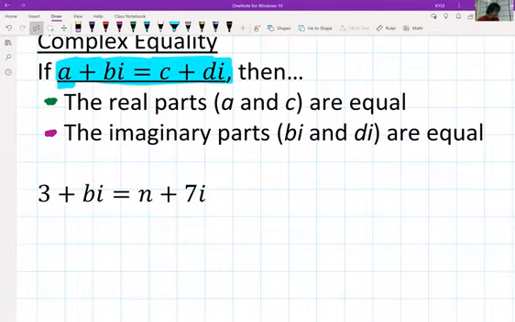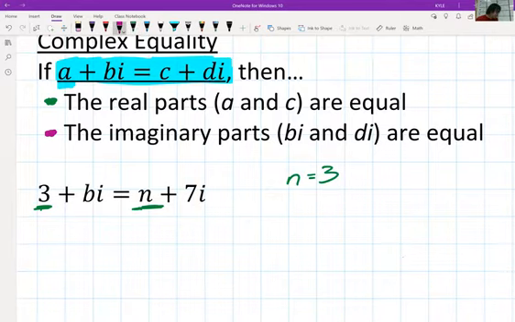Let's say solve for b and n, if we know that 3 plus bi equals n plus 7i. Well, if they're equal, we know the real parts must be the same. So that means n must equal 3 so that they match on the left and right hand sides of the equation.